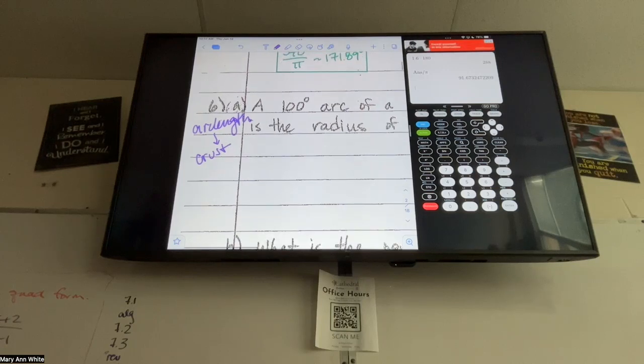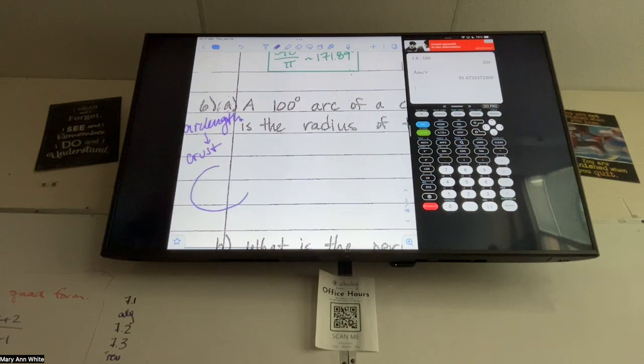So if I'm looking at a circle and I have a piece of pie or a piece of pizza in here, I go like a radius to the middle of the circle and then a radius to the other side of the circle. There's a piece of pizza. The arc length is that crust around it.